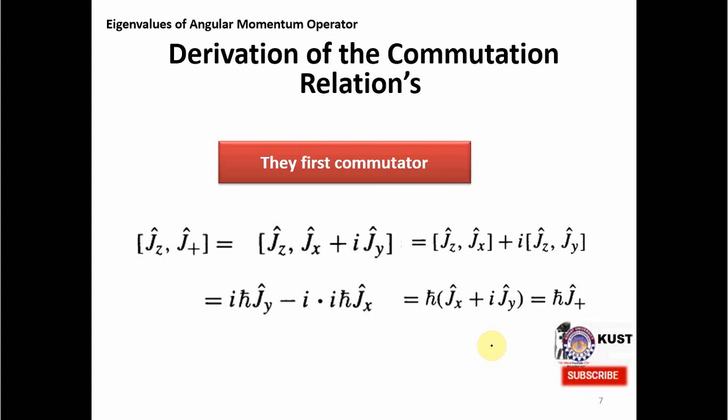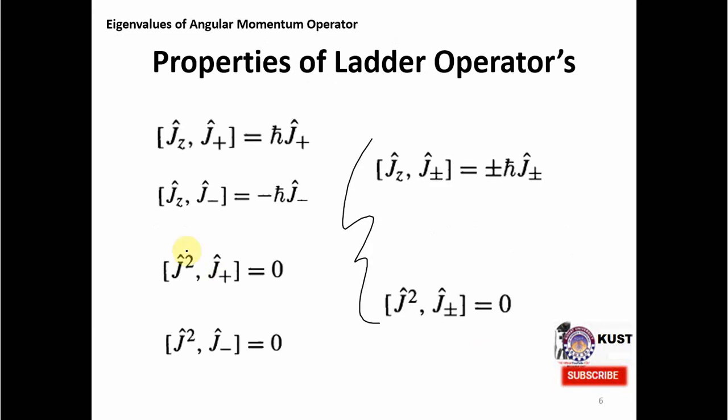So in a similar way, we will be able to calculate the rest of the three commutation relations. Similarly, you just put the value of j minus over here and do the two commutation relations, and similarly put the value of j plus over here, and since it's j square, you will be able to calculate j square with jx and jy, and so on with the j minus.